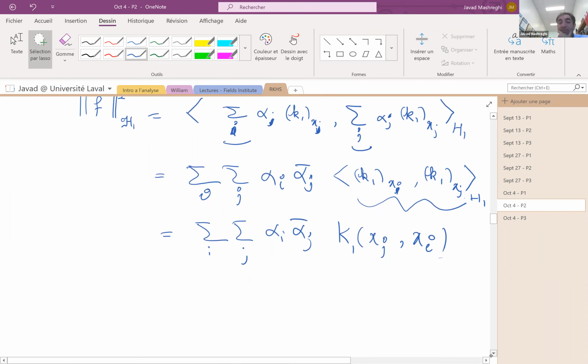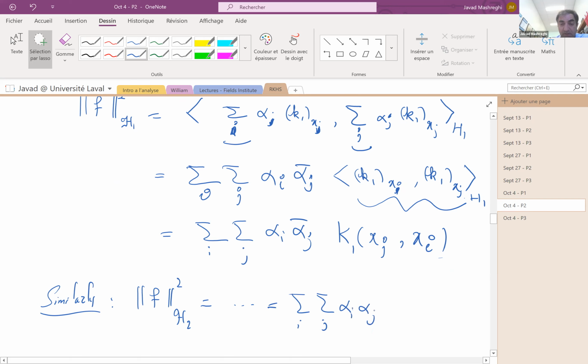And do the same with H1 replaced by H2. Similarly, if I do the same calculation, norm of f in H2 squared, doing the same thing, I arrive at the same summation, but at the end I will have k2 xj xi.